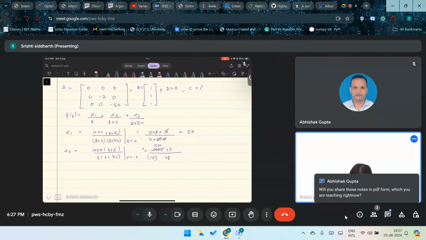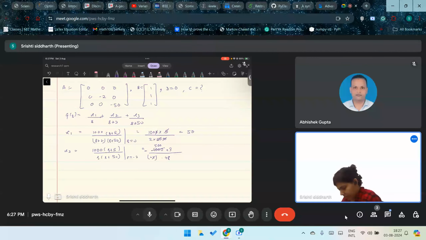I'll be sharing the notes. So you can just simplify this and you'll get the C vector.